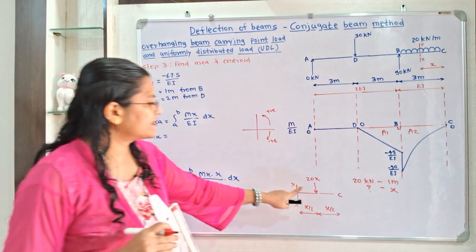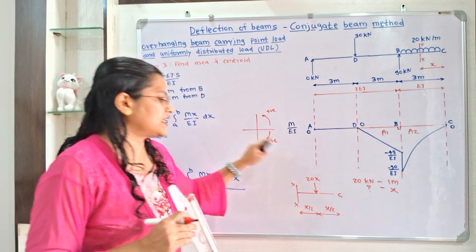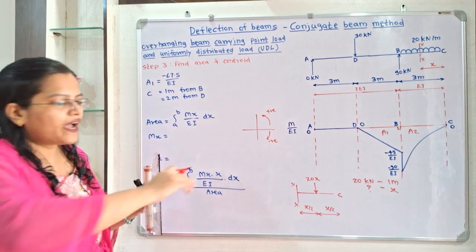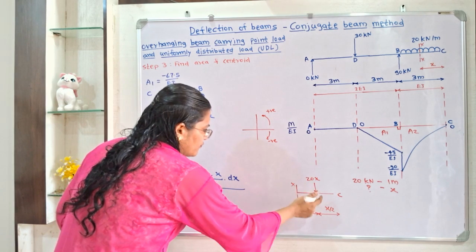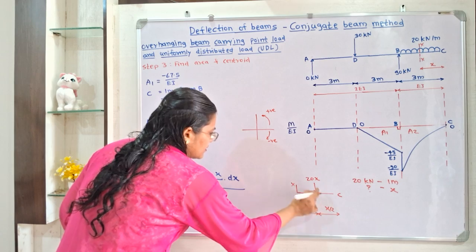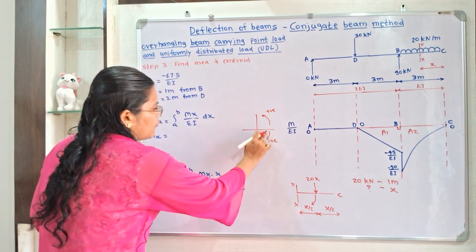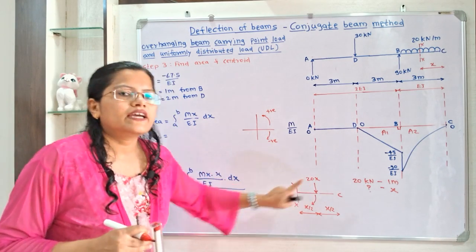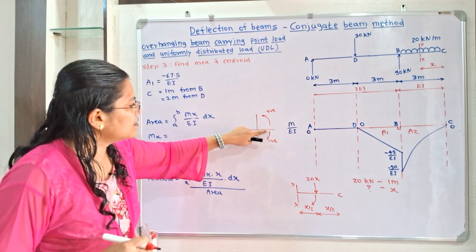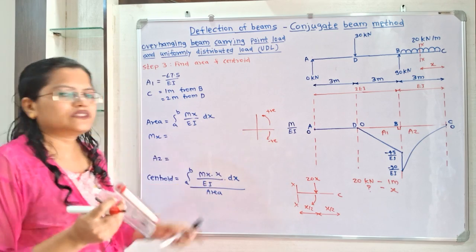Now how to take the moment about this section xx? If I move about section xx in the direction of 20x, here is the direction, clockwise direction. This force is on the right hand side, so on the right hand side, for the clockwise direction use negative sign.